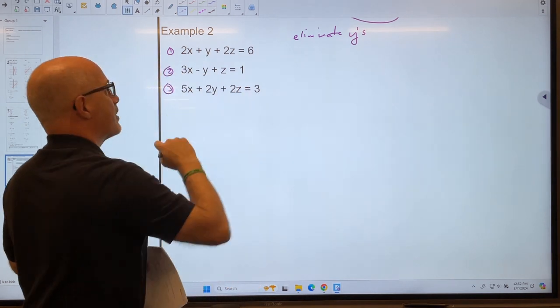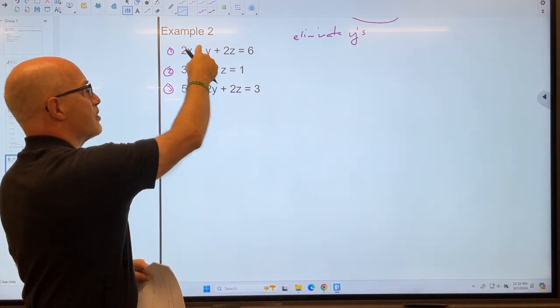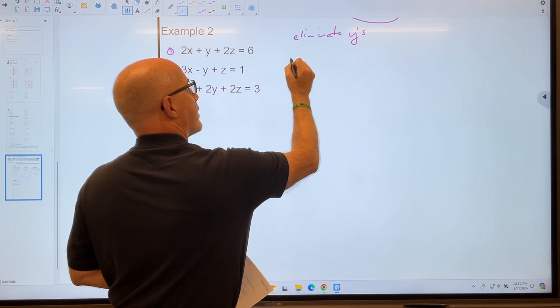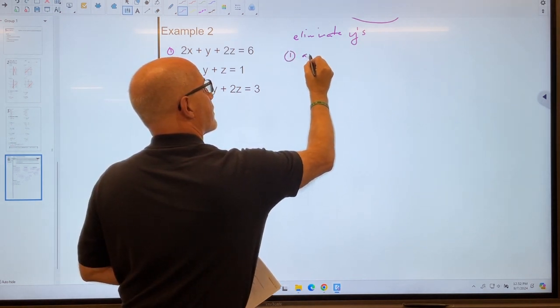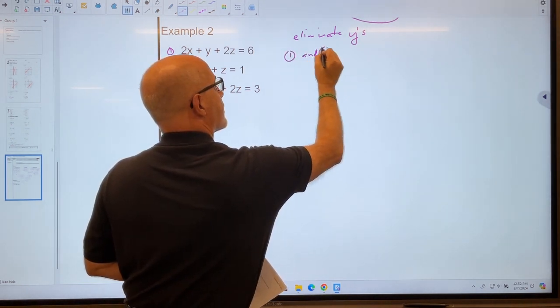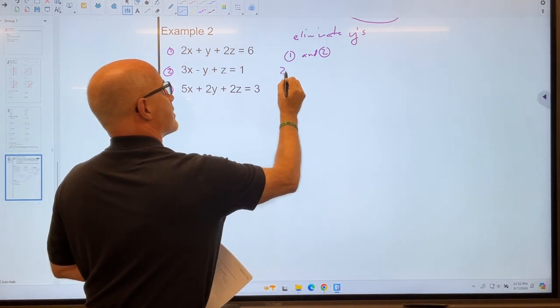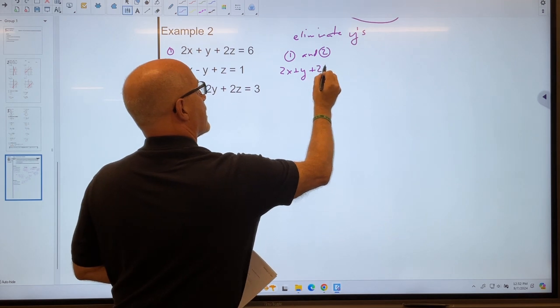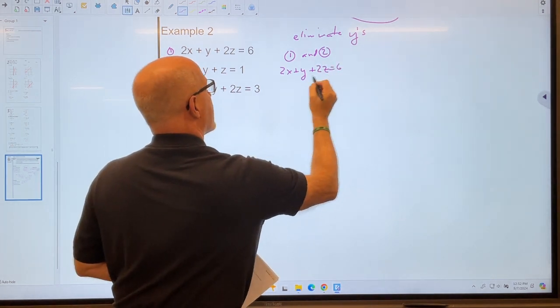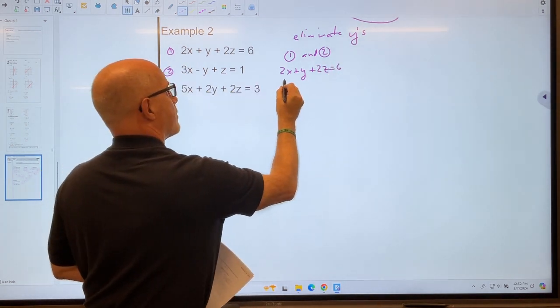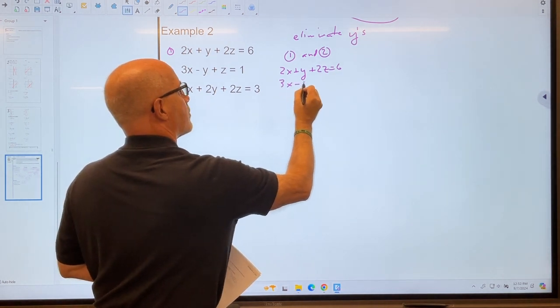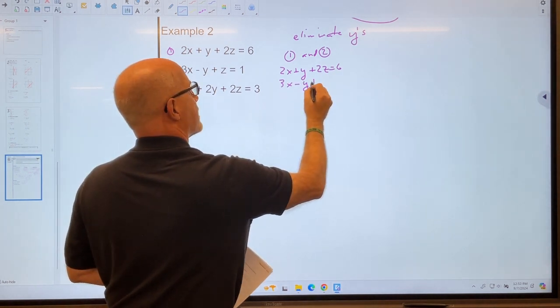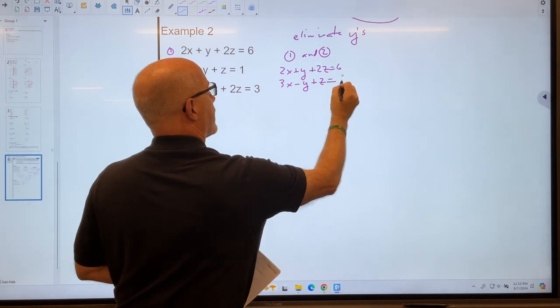The first pair I'm going to do is just pair up 1 and 2. They're already opposites. So I've got 2x plus y plus 2z equals 6. And then I paired it with this one, 3x minus y plus z equals 1.